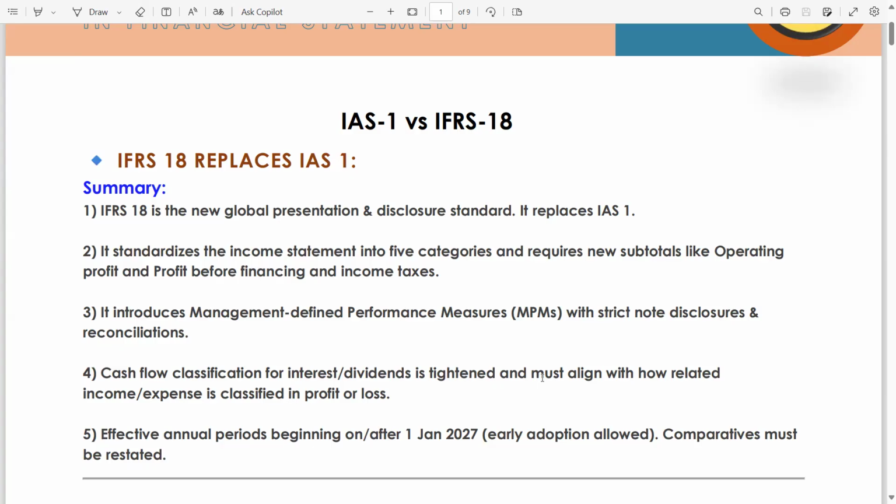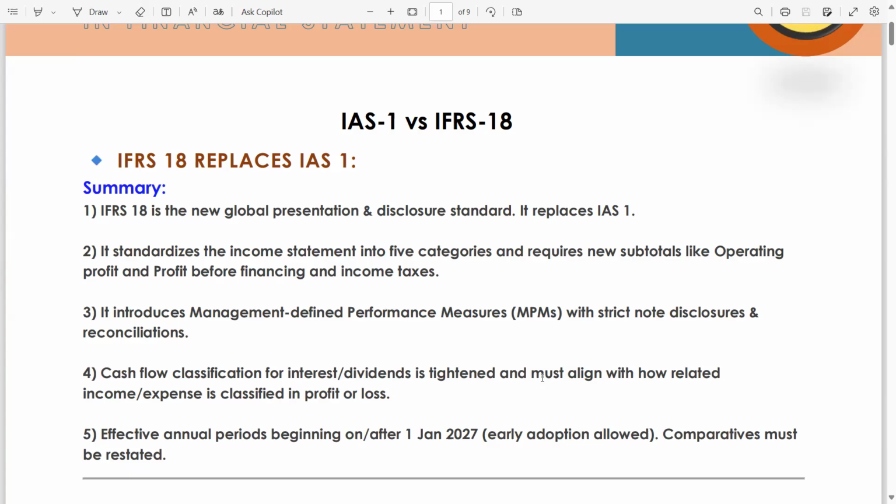It introduced management defined performance measures such as EBITDA, recurring, such kind of items, with strict note disclosures and reconciliations. Cash flow classification for interest and dividends is tightened and must align with how the related income and expense is classified in profit and loss. Now, for each item, there should be linking, there should be logical reasoning.